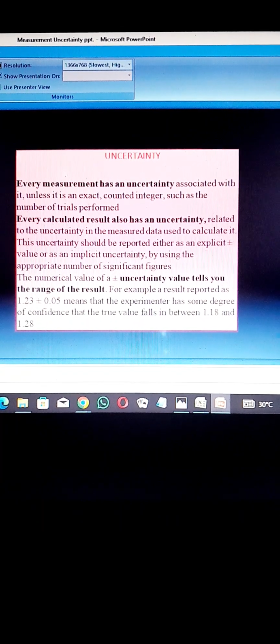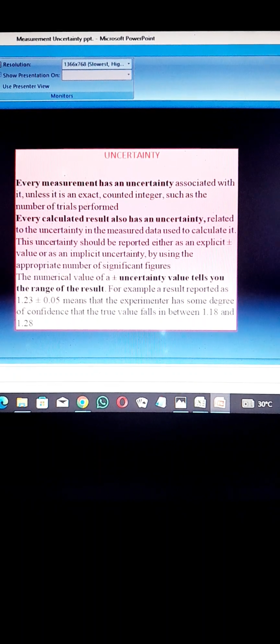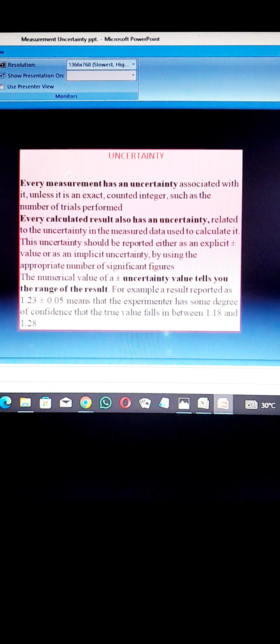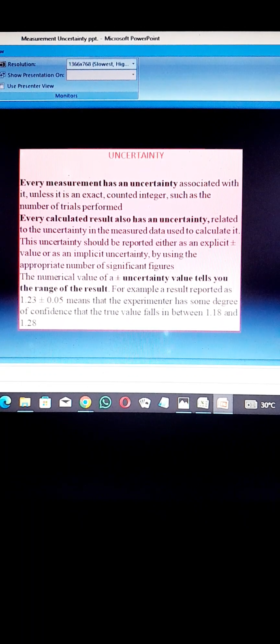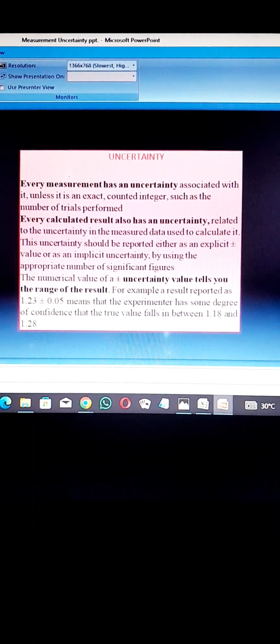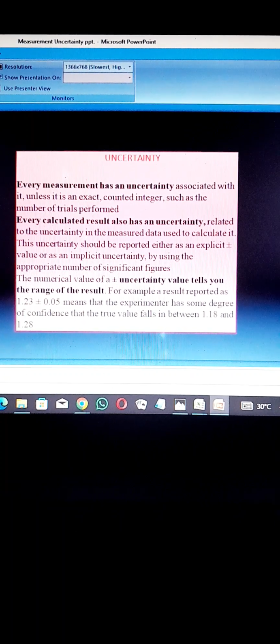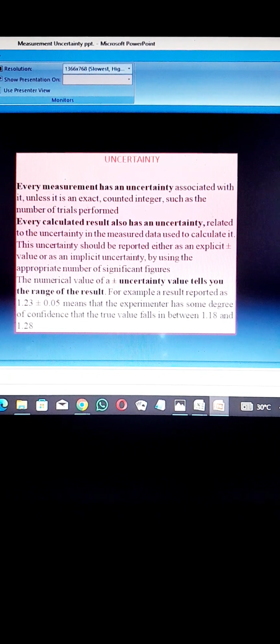This uncertainty should be reported either as an explicit plus minus value or as an implicit uncertainty by using the appropriate number of significant figures. The plus minus value tells the range of the result. For example, a result reported as 1.23 plus minus 0.05 means that the experimenter has some degree of confidence that the true value falls between 1.18 and 1.28.